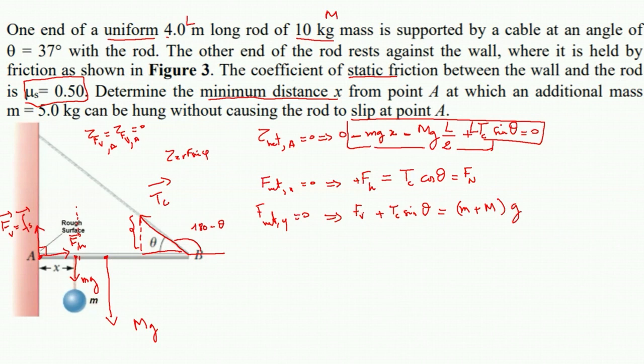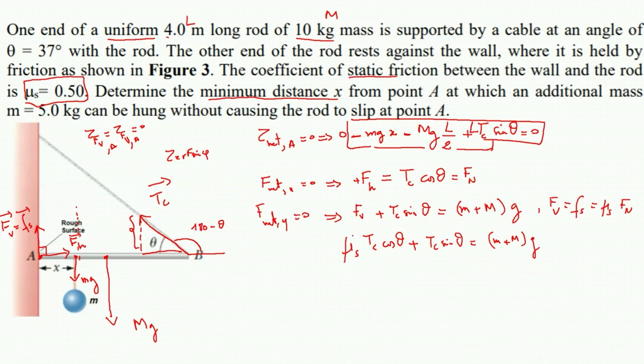You remember that FV, as we said, is a frictional force. And the frictional force is mu S Fn. But what is Fn? Fn is TC cosine theta. So I will replace FV by mu S Fn: mu S TC cosine theta plus TC sine theta is equal to total mass times G.